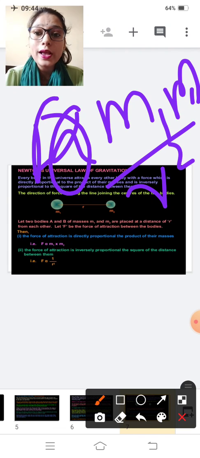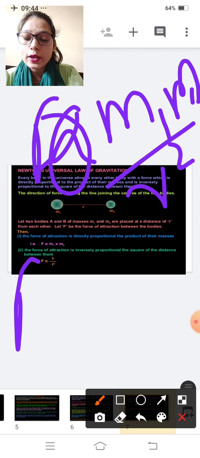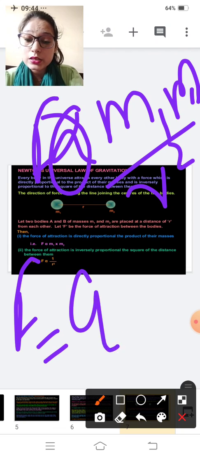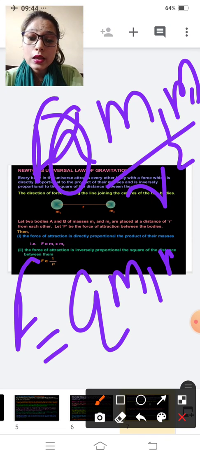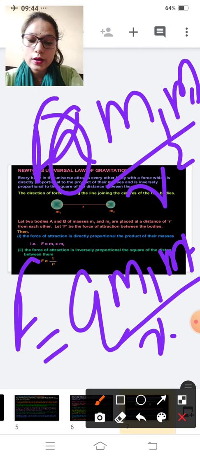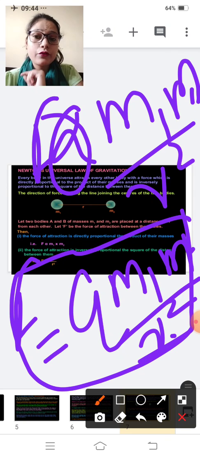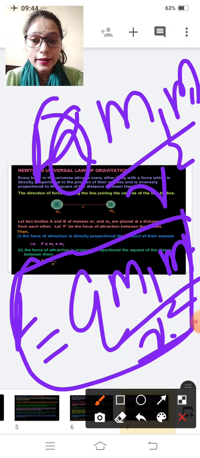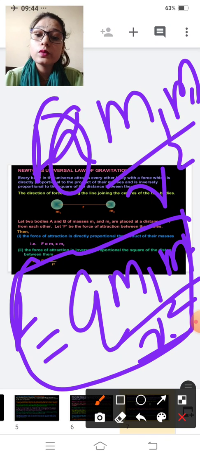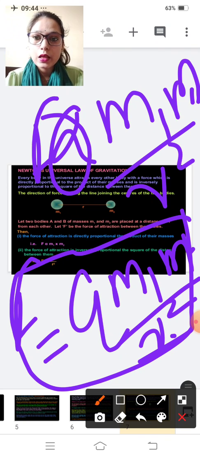Here we are talking about gravitational force, so we will put the gravitational constant. So F is equal to capital G m1 m2 upon r square. This is the formula which you will get after deriving the universal law of gravitation. Is this clear to you? F is equal to capital G m1 into m2 upon r square.